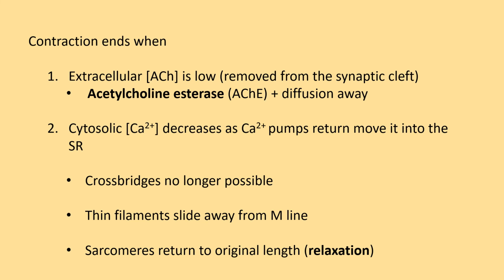And so the thin filaments will then slide backwards, so to speak. They'll slide away from the M line. And that makes the H zone wider again. And the sarcomere, and of course the muscle cell, will return to its original longer length. And we call that muscle relaxation.